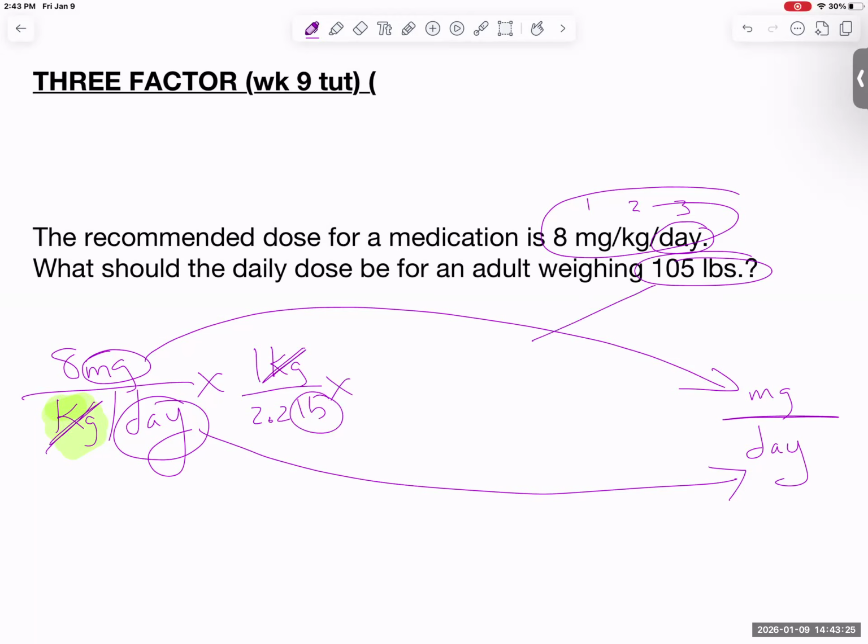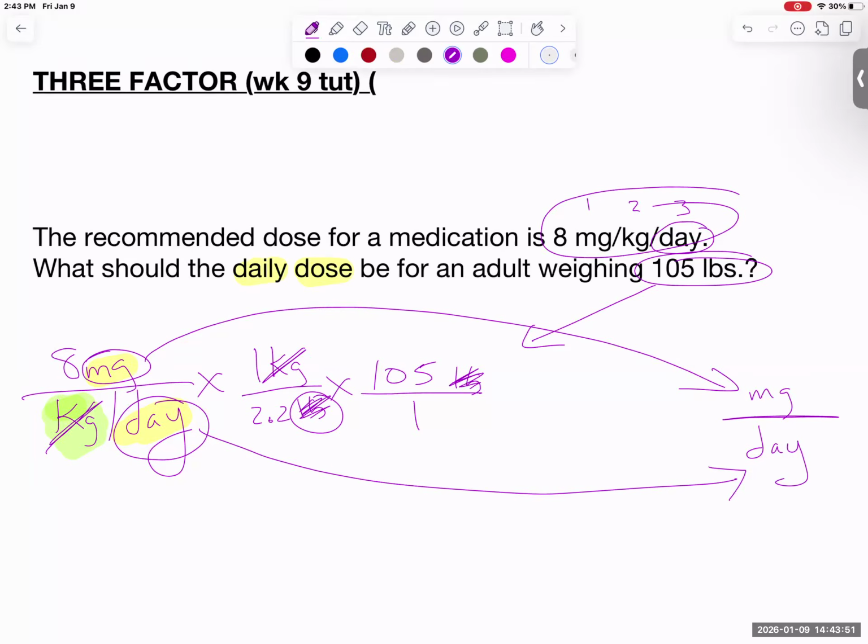And then I'm going to insert patient weight, 105 pounds, and put it over 1, because you already know I can't have a blank space. So I cross off pounds. So now all that is left is exactly what I need. Milligrams per day. I know it looks weird, but that's the only thing we have that's actually a dose, the milligrams.